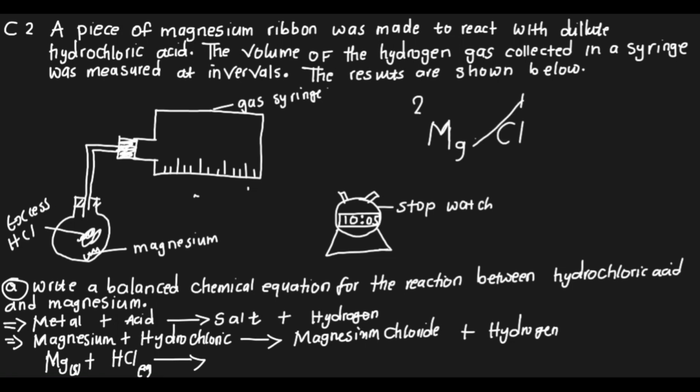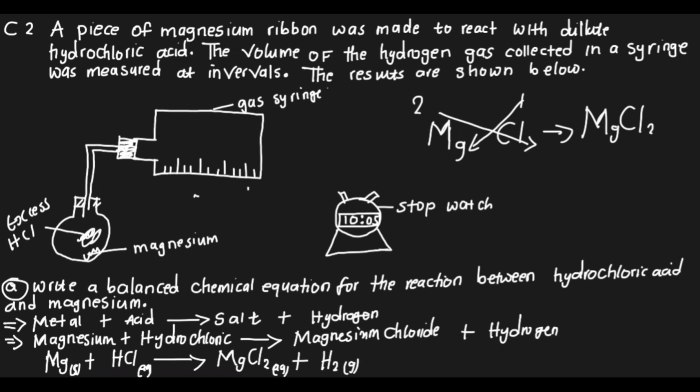If we use the cross method, we get magnesium chloride as MgCl2. Magnesium chloride is a soluble salt, so here we are going to have aqueous, plus hydrogen. Hydrogen is a diatomic molecule.